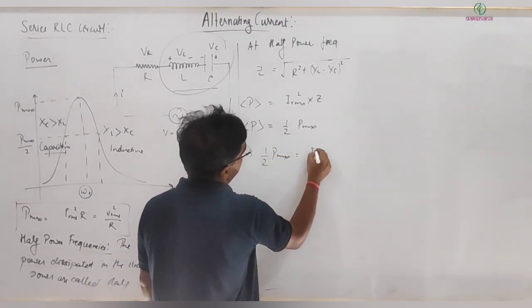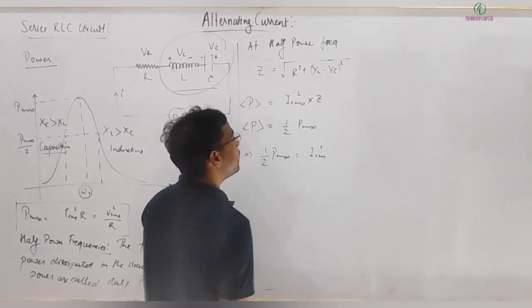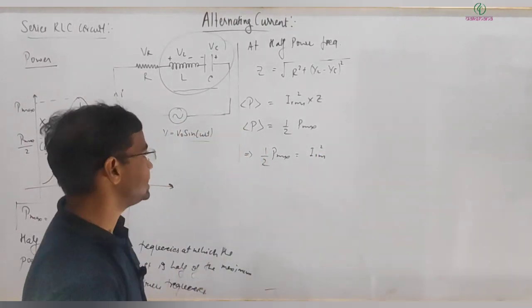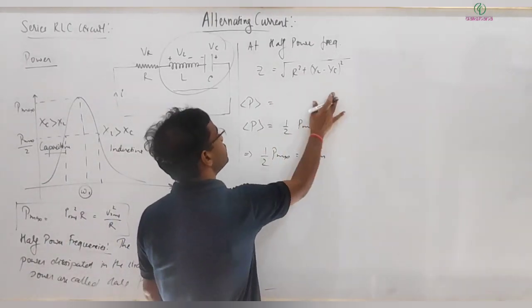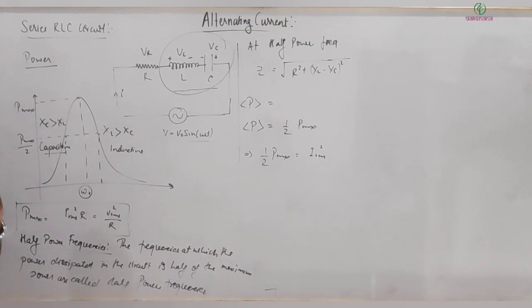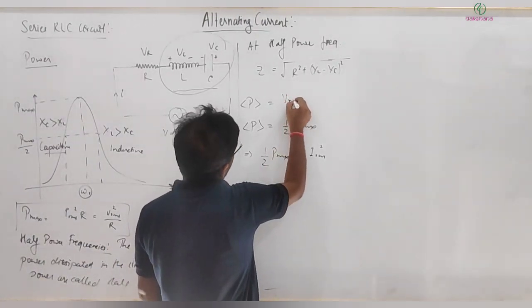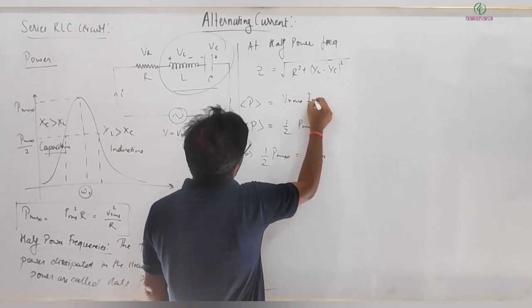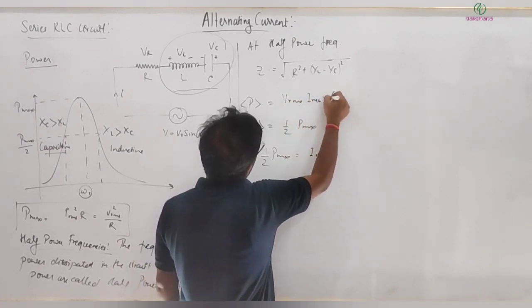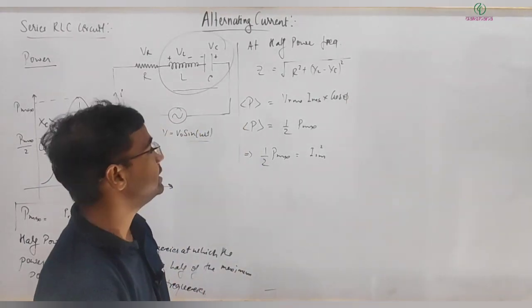So half of P max is equal to I RMS squared multiplied by R. Normal power is V RMS into I RMS into cos phi. Is it clear?